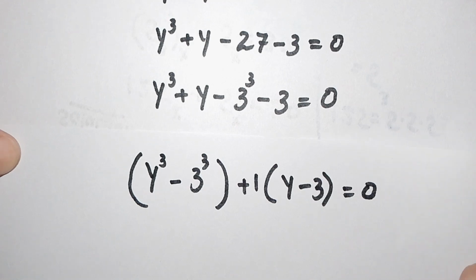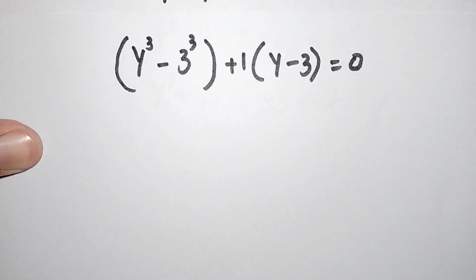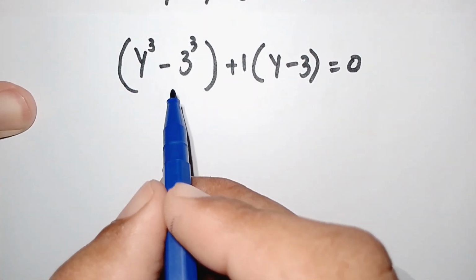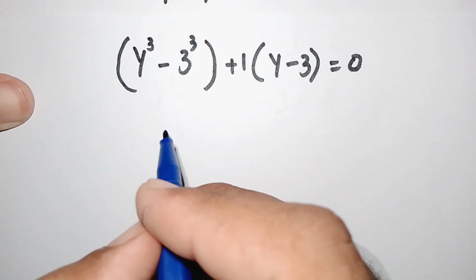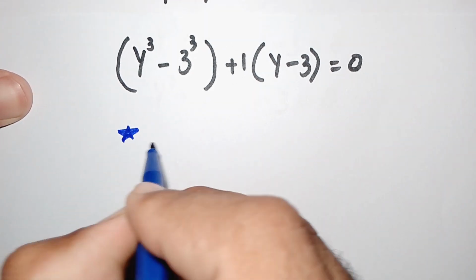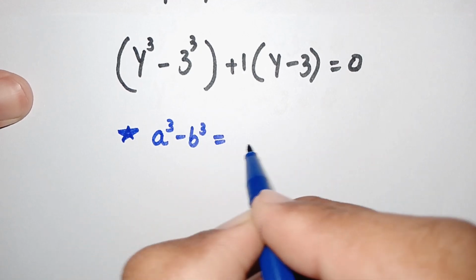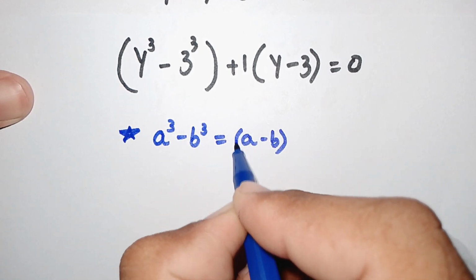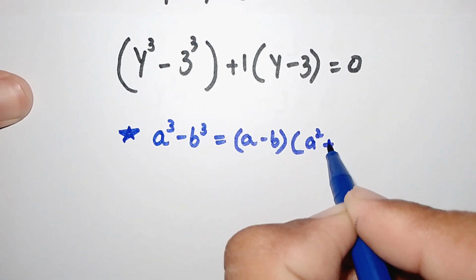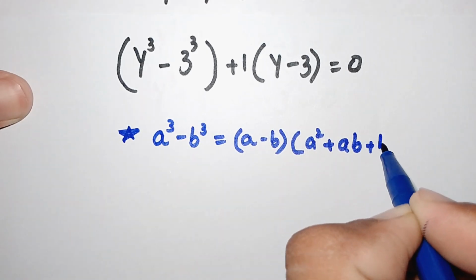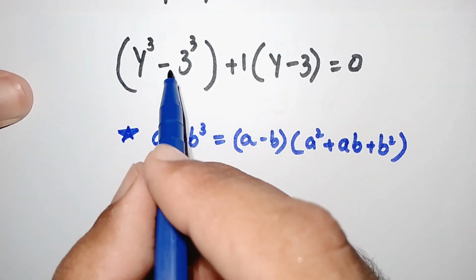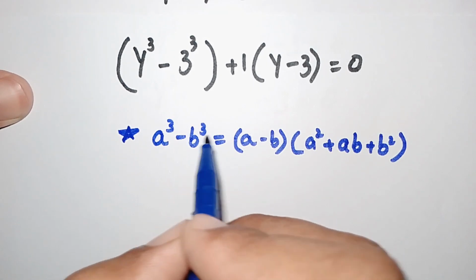Now, for this we have to use the identity a to the power of 3 minus b to the power of 3 is equal to a minus b times a square plus ab plus b square. So here we have to apply this identity.